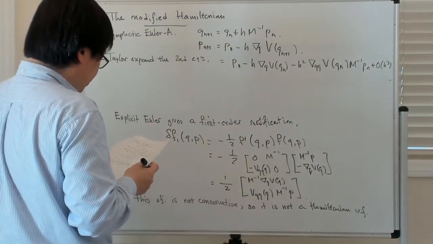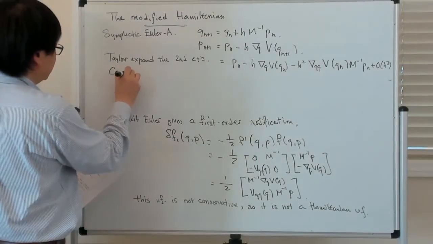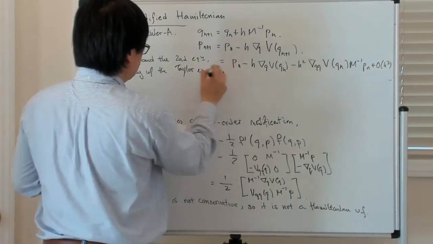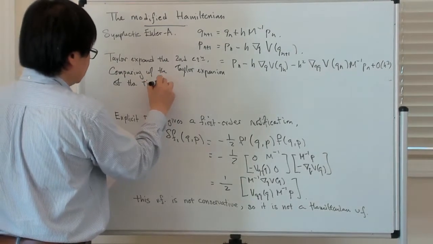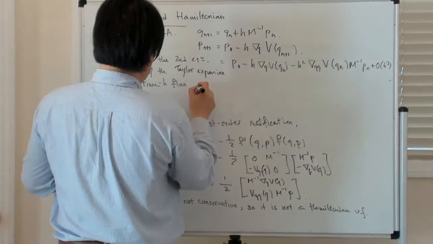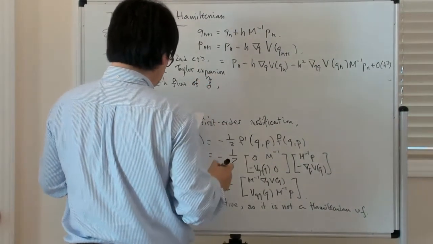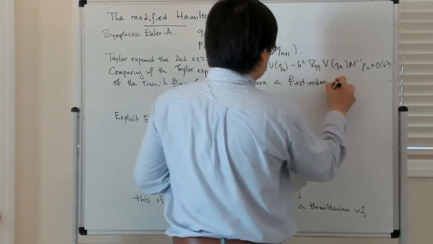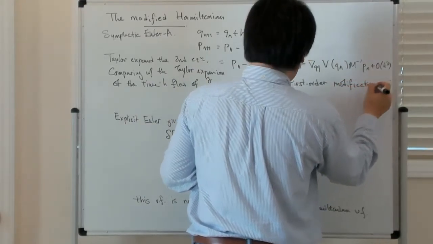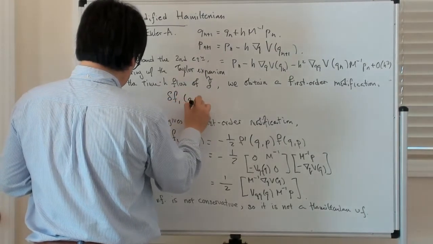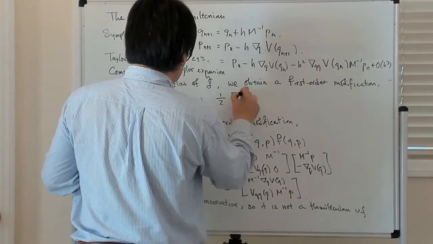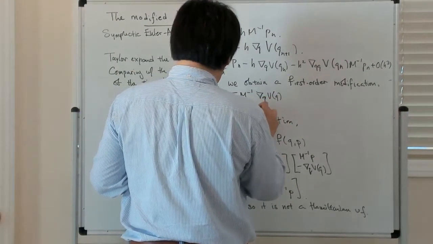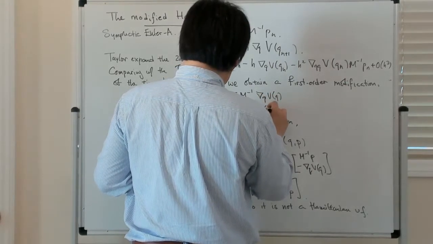So if you compare this with the Taylor expansion of the time h flow of the modified vector field, we obtain a first order modification which looks like the following: delta F1 of (q,p) is equal to 1/2 (M inverse gradient of the potential, negative the Hessian of the potential applied to M inverse p).